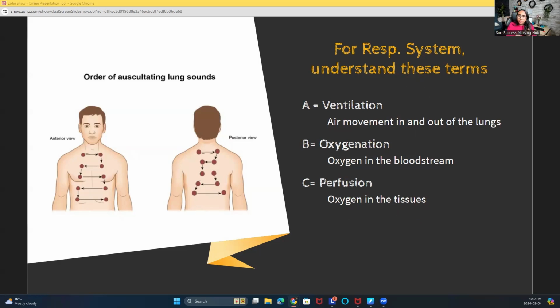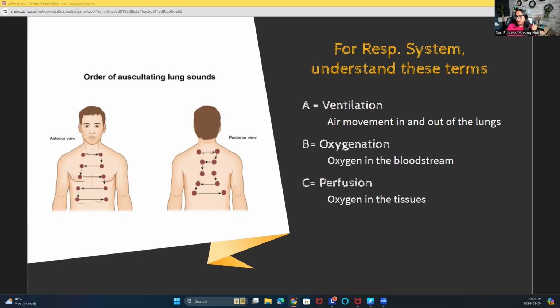Alveen's lung is good, oxygenation is good, ventilation is good, but is perfusion good or not? Perfusion means checking the oxygen, peripheral vascular disease, peripheral artery disease. When you check the oxygen, it is very low. Does it mean they have a respiratory issue? Never. Right? So try to understand. If you know these three terms are different, you will know. So it is not related to the respiratory system, right?